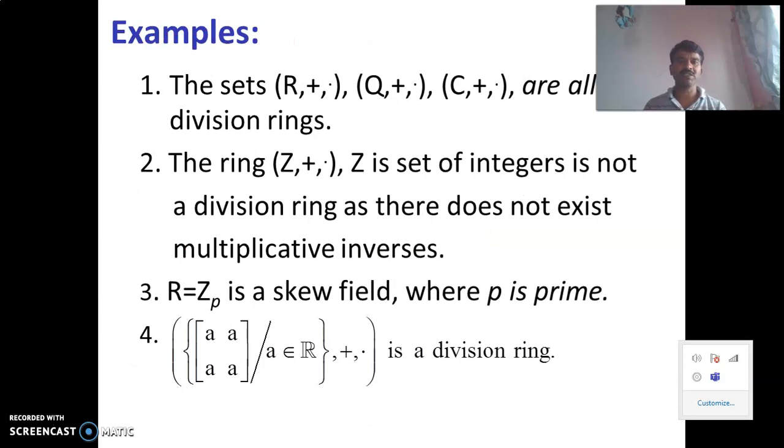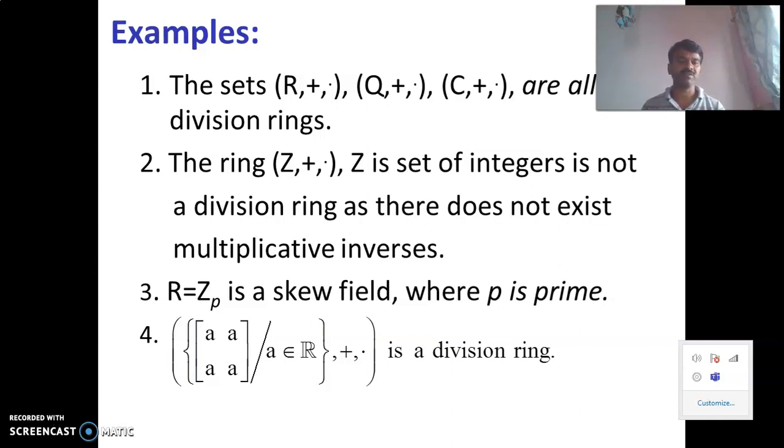And now we shall see examples of a division ring. The set of real numbers, the set of rational numbers, and the set of complex numbers are all division rings. But the set of integers is not a division ring, since multiplicative inverses do not exist.